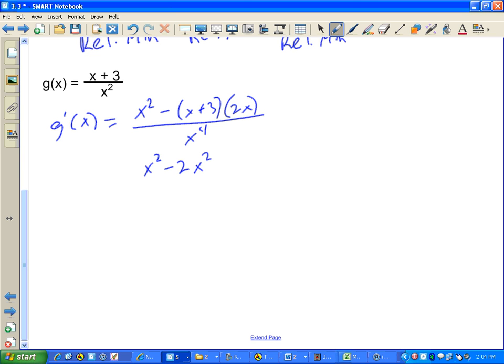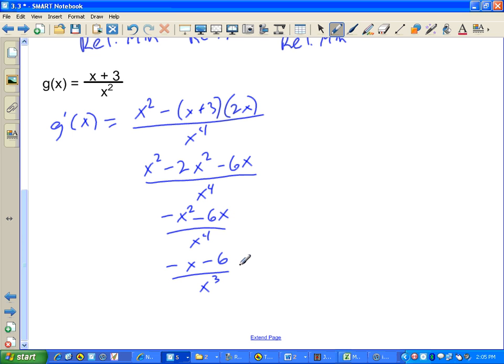So we have -2x squared minus 6x over x to the fourth. Simplify the top here, so we have -x squared minus 6x over x to the fourth. I can cancel an x out, so you get -x minus 6 over x cubed.